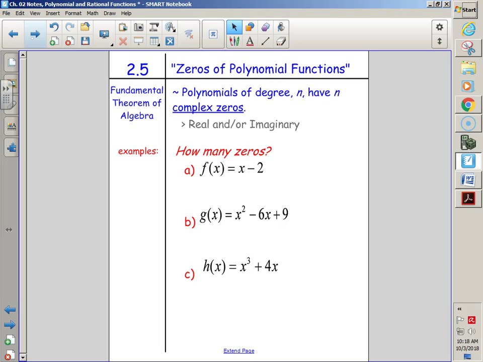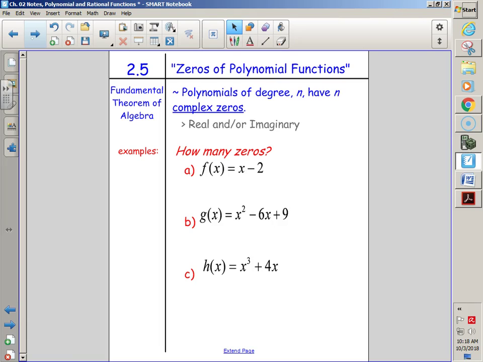The fundamental theorem of algebra basically says every polynomial has at least one zero. To be specific, polynomials of degree n have n complex zeros. Not at most n. That was section 2.2. We said at most n, but we had a different word after it: at most n real zeros.